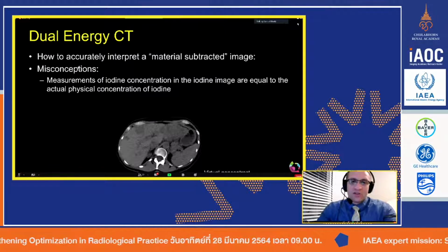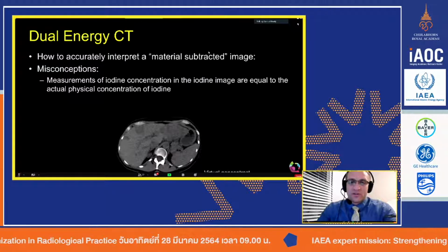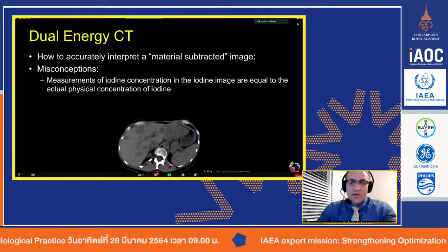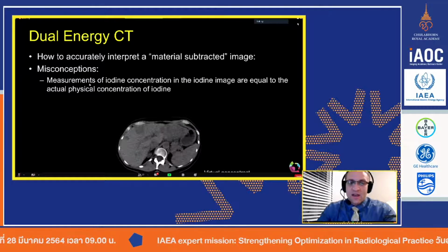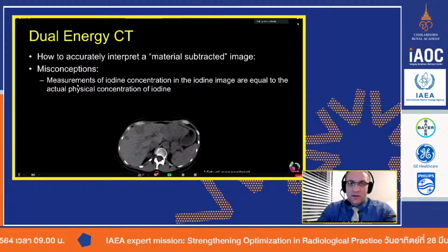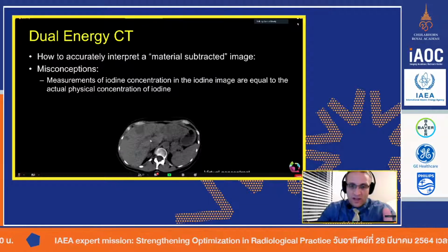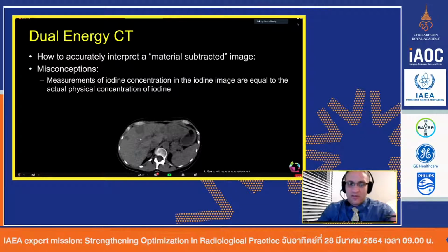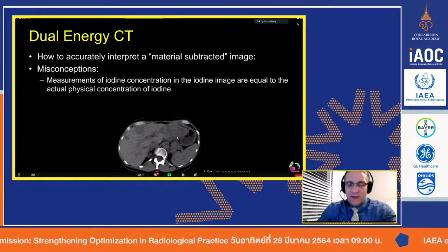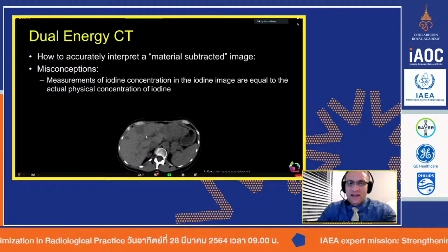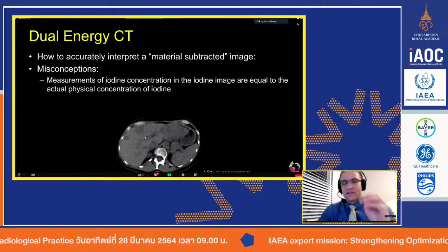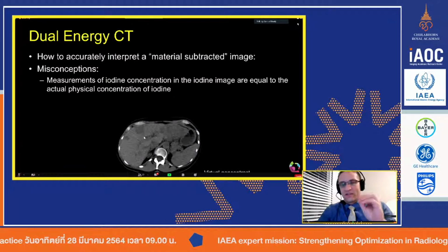All right, so how do we accurately interpret material subtracted images? Well, first, let's talk about some misconceptions. The first one is, if we look at an image with iodine concentration mapped onto it and draw an ROI on it, it's not going to tell you the exact concentration of the iodine in that location.